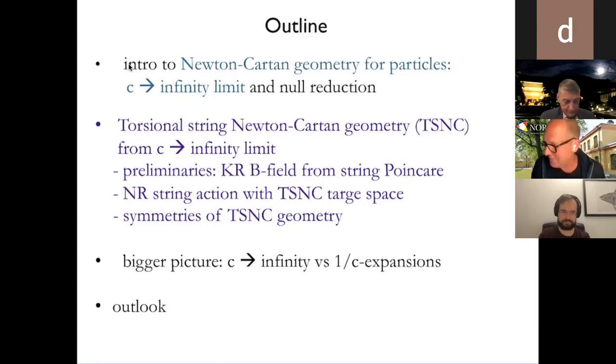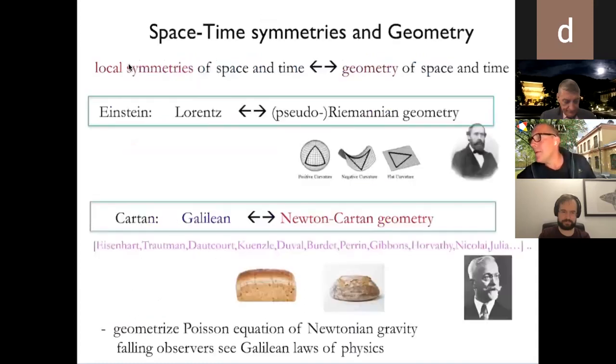It maybe sounds trivial, but in terms of the types of couplings and the types of geometries you get, there are some important differences that I will try to give an overview of. And then I will end with some outlook. Any questions at this point?